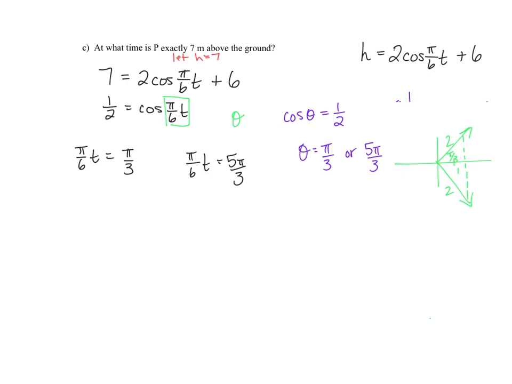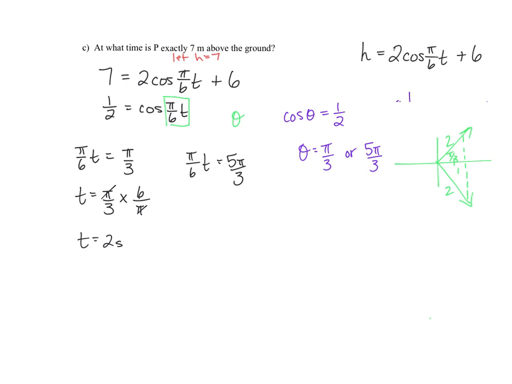We have pi by 6t is equal to pi by 3, at which point we can just do quick rearranging, right? I'll show the work, but you wouldn't have to. Divide both sides by pi by 6, which means we multiply by the reciprocal. Our pi's are going to divide out, and we have 2. So at what time is it exactly 7 meters above the ground?